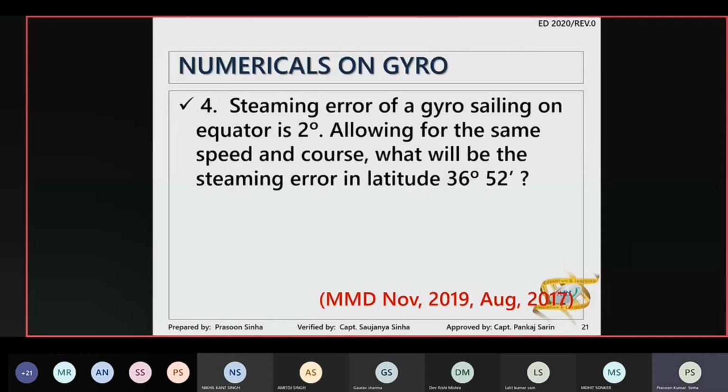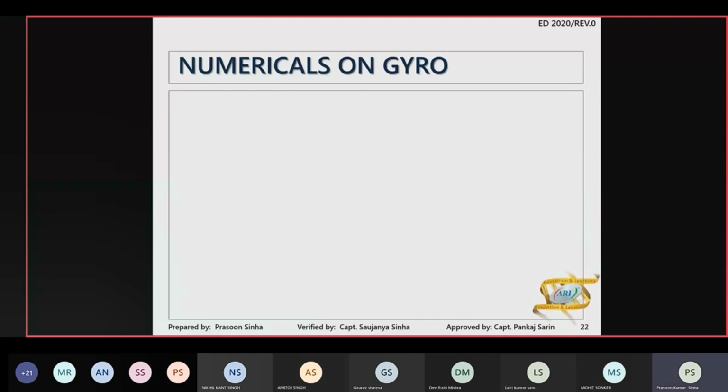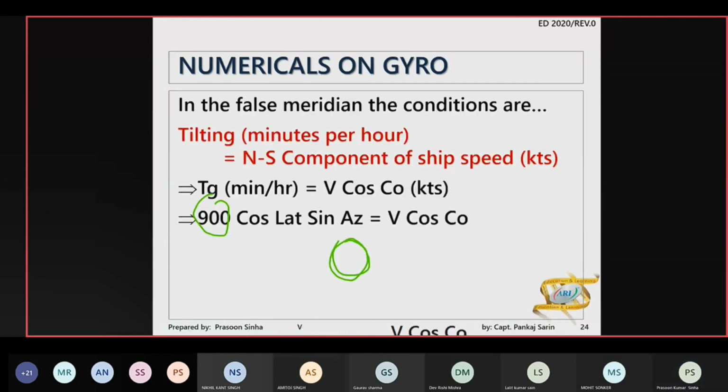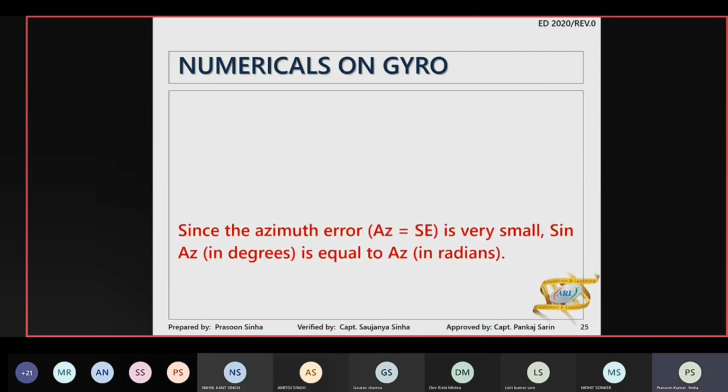So doubts clear, that they won't ask like this? Yes sir. Okay, so now we go forward and we write another question, the next question that we were talking about.